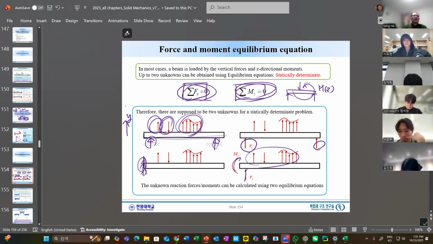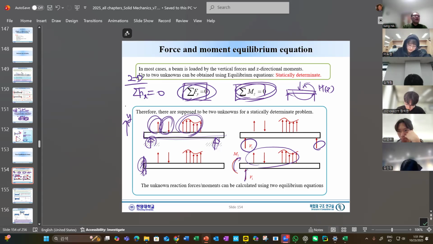This is obvious. No matter what the structures are, they have to be in force equilibrium. Of course, we can consider Fx equals 0, Fy equals 0, and moment equals 0. This is the typical force equilibrium in a two-dimensional plane.